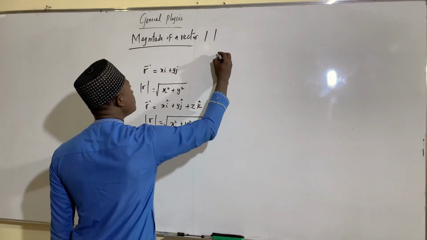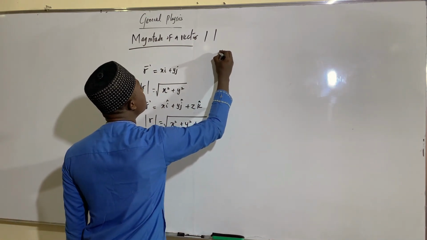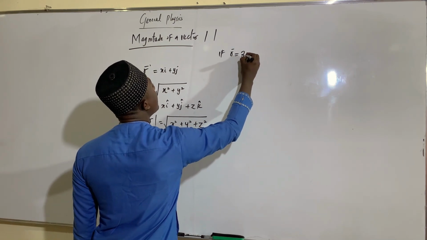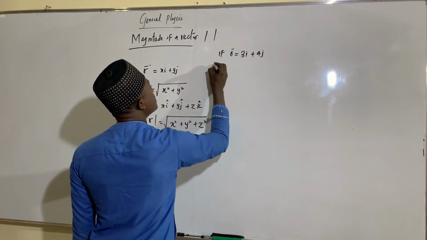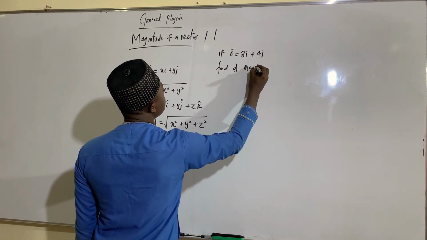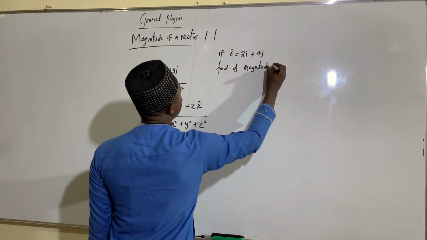Let's say, for example, they said if r is equal to 3i plus 4j, find the magnitude of r.